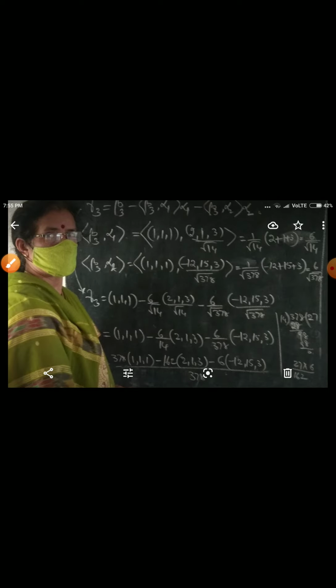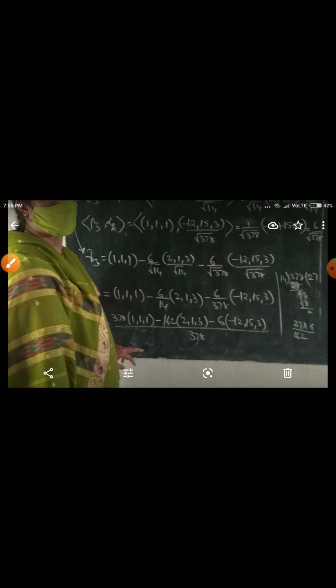Now using all this in the equation, gamma 3 equal to beta 3, (1, 1, 1), minus the inner product between beta 3 and alpha 1, that is 6 by root 14 times alpha 1, (2, 1, 3) by root 14, minus the inner product between beta 3 and alpha 2, that is nothing but 6 by square root of 378 times alpha 2, that is (minus 12, 15, 3) by square root of 378.